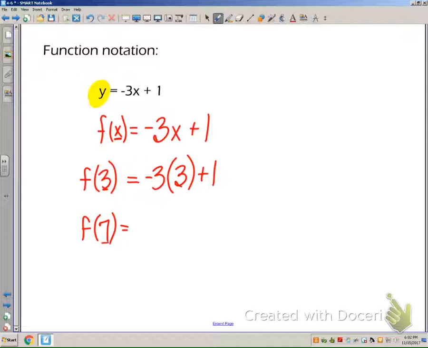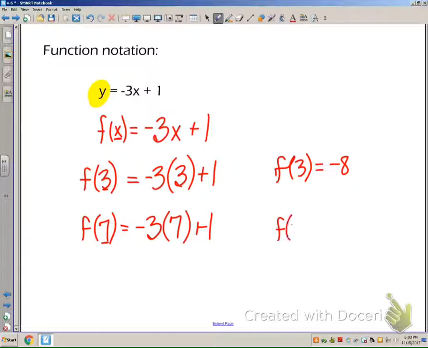Evaluate this. Wherever there's an x, you're going to replace it now with 7. And then we can just evaluate. So f of 3, we know, is equal to negative 9 plus 1, which is negative 8. F of 7 is equal to negative 21 plus 1, so negative 20.